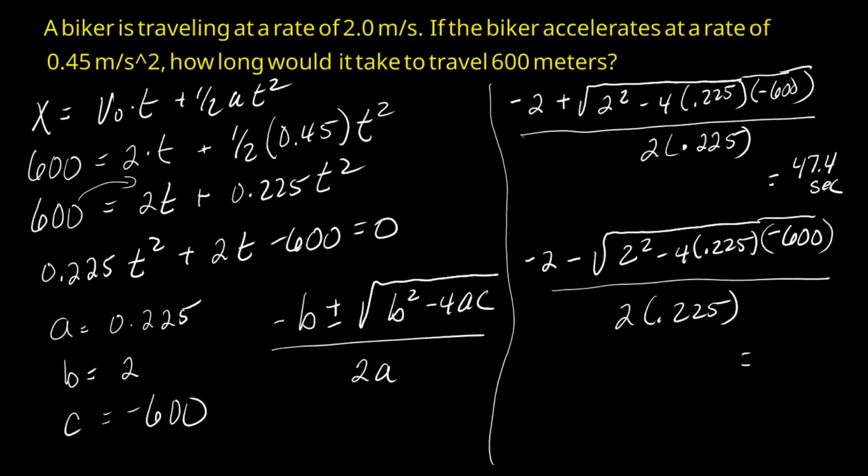When I solve this, I get negative 56.3 seconds. I cannot have negative time, so my time would have to be 47.4 seconds. If you get this one right, very good.